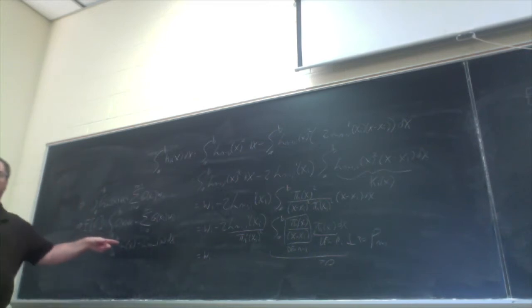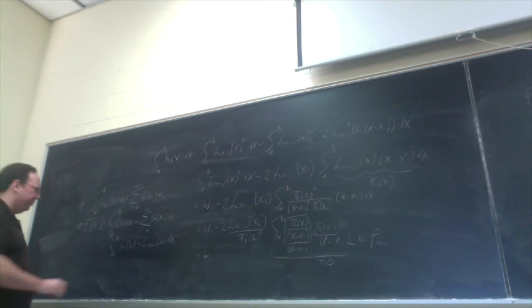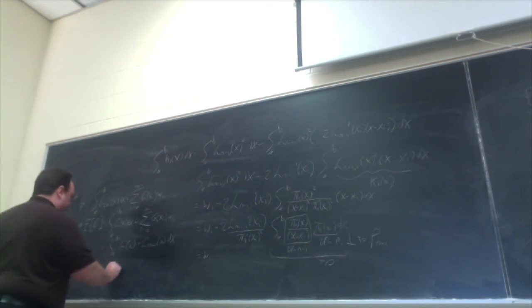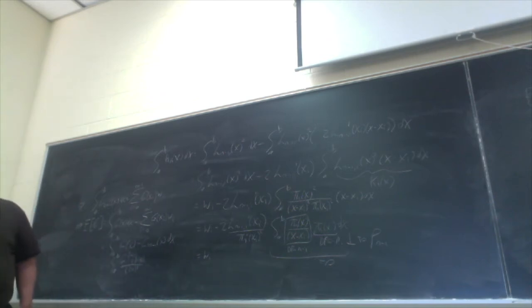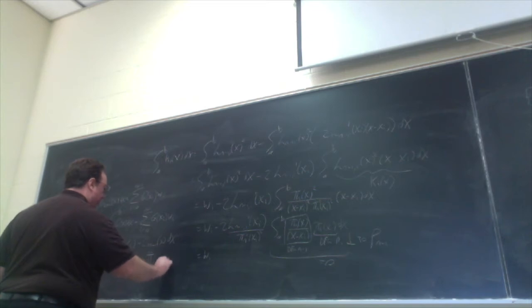And we have an error formula for this from way back in chapter 6. So that would be the 2nth derivative of g at some unknown point dependent on x, over 2n factorial, times the product of all these linear factors squared.